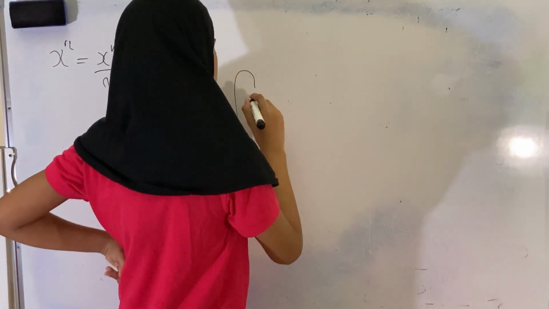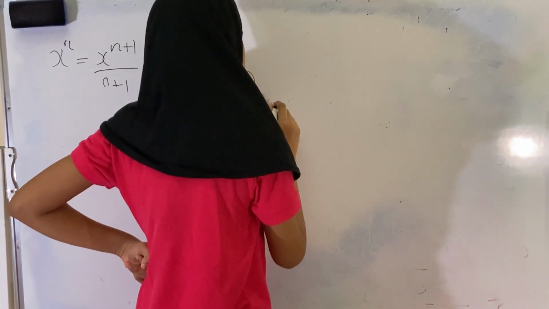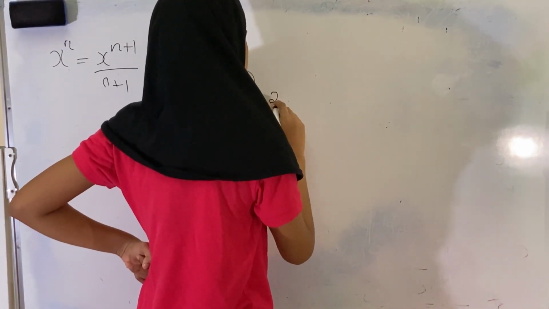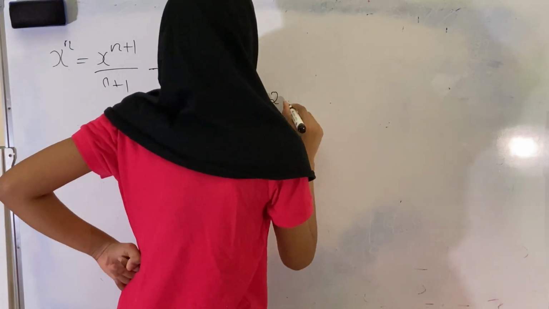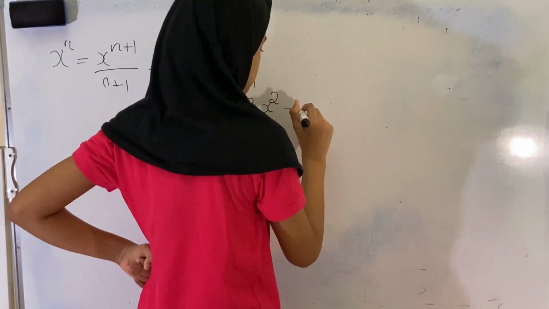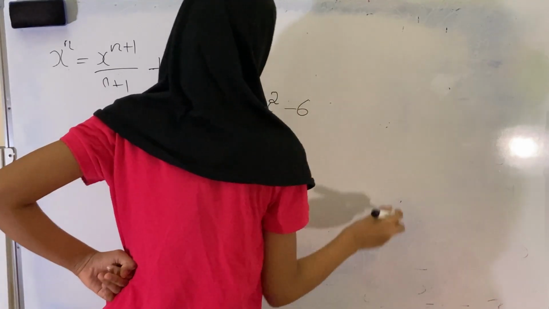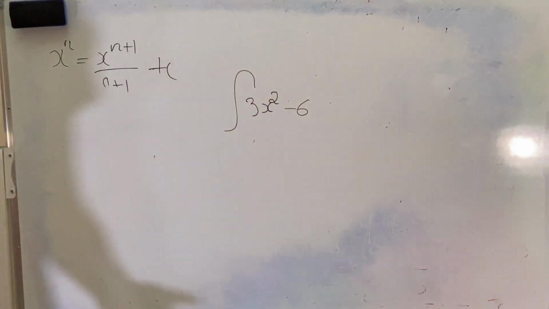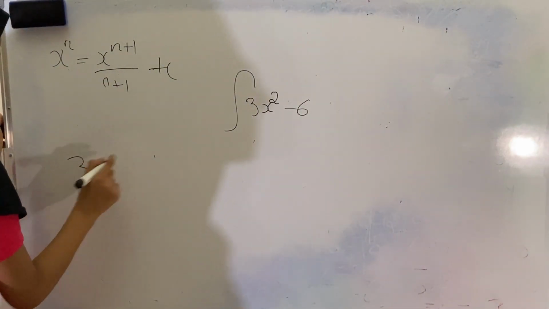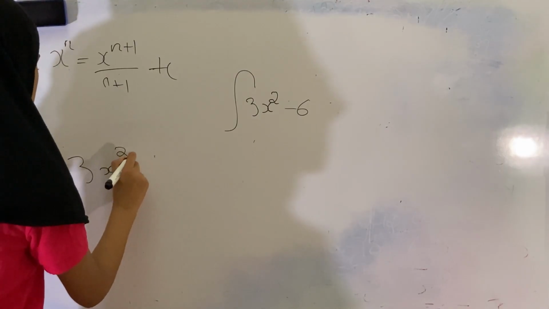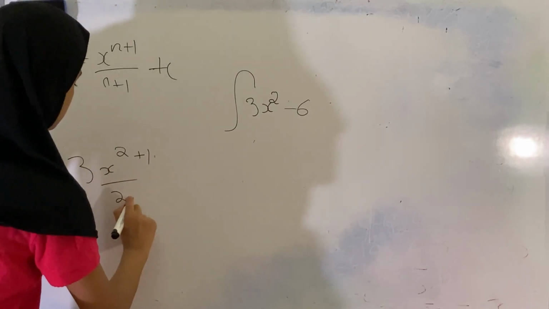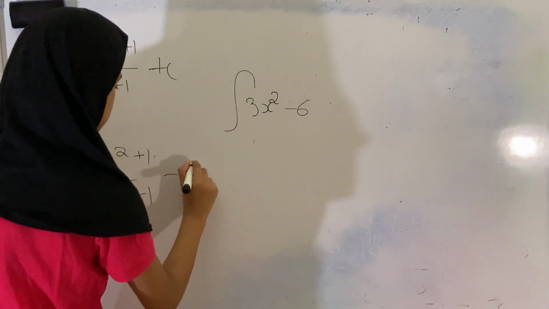So here, 3x raised to 2 minus 6. Okay, so let's write the 3 down here. x raised to 2 plus 1 by 2 plus 1, minus 6.